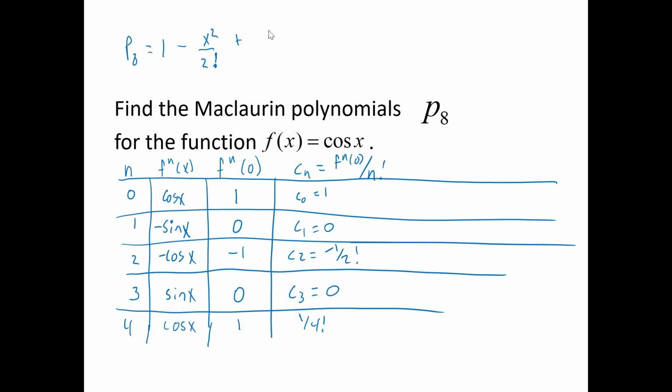C4 is plus x to the 4th over 4 factorial minus x to the 6th over 6 factorial. If we just follow the pattern, it's just going to keep going plus minus, and you're always either going to get 0 or 1. So then plus x to the 8th over 8 factorial. And again, this is approximately the cosine of x. And the closer we stay to 0, the better the approximation.